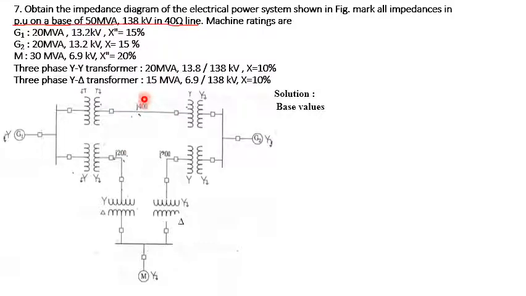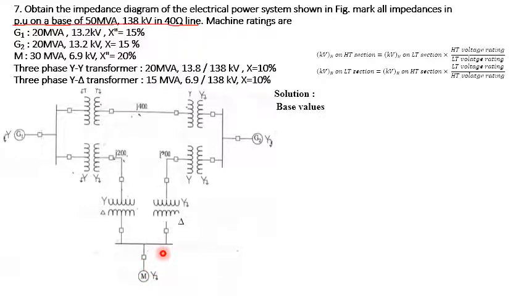We have to convert from the transmission line to the generator G1 side, and similarly from the transmission line to the generator G2 side. Once we get this value, we calculate the transmission line voltage at this point, and similarly at this point. Then we calculate the new base voltage on the motor side. This is clear.